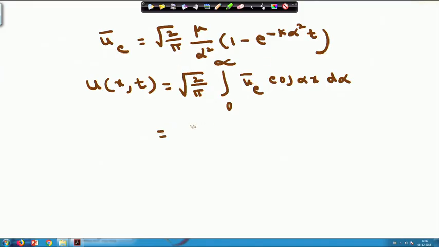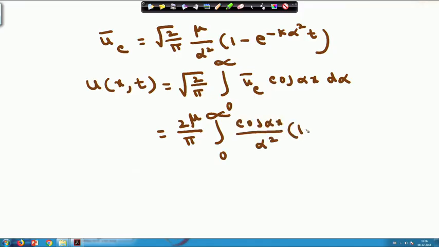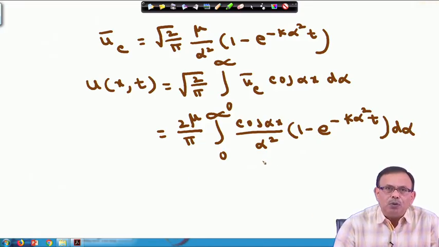So, if you put the u bar c, it will be twice mu by pi, integral 0 to infinity, cos of alpha x by alpha square into 1 minus e power minus k alpha square t into d alpha. So, u(x, t) I am obtaining as this integral. If I evaluate this integral, I will obtain the value of u(x, t).